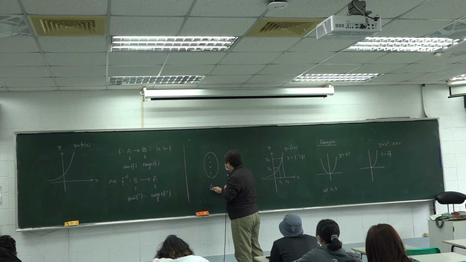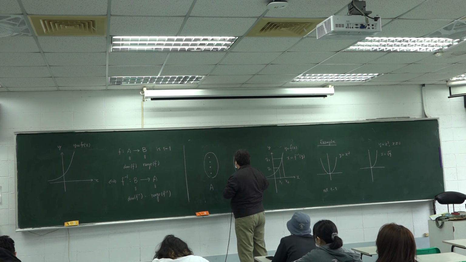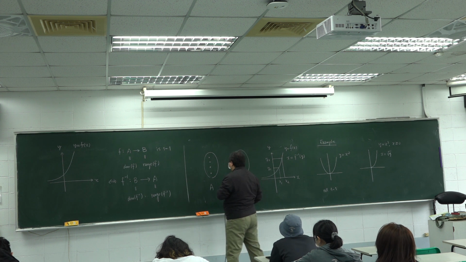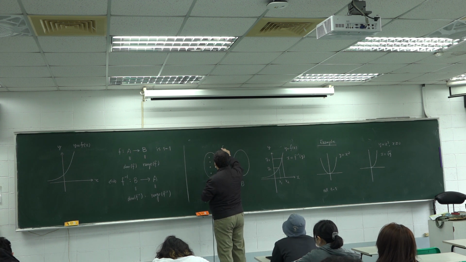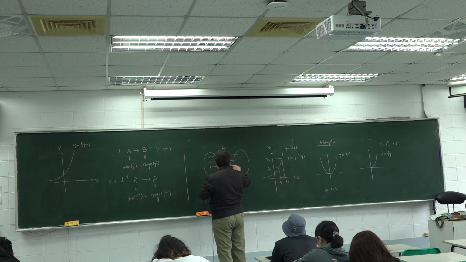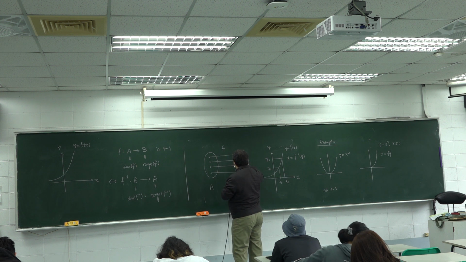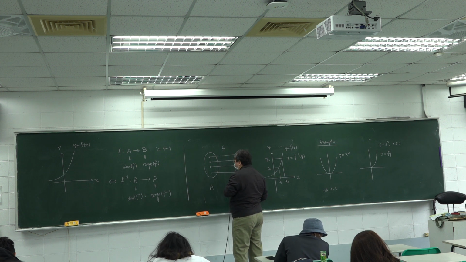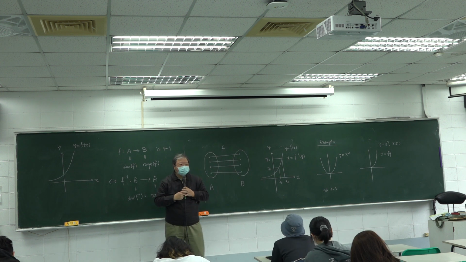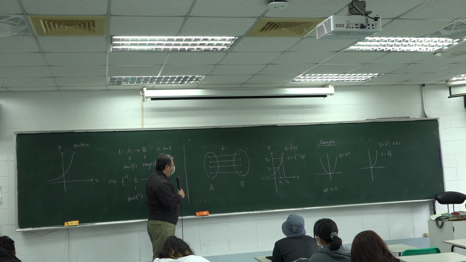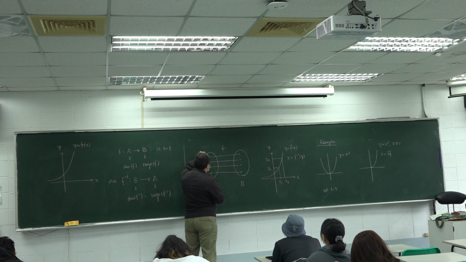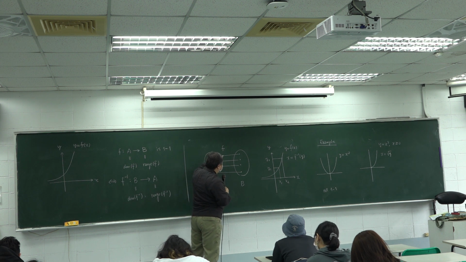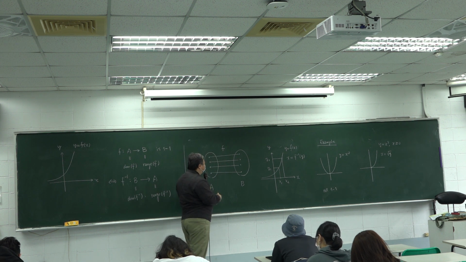This is the set A, this is the set B. If this function is 1 to 1, because f is a function, from one point there cannot be 2 different lines to the right.